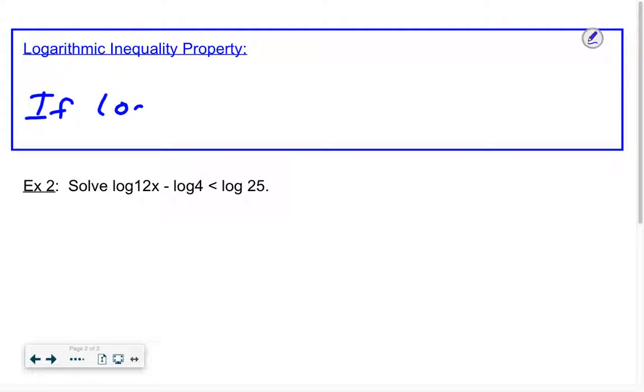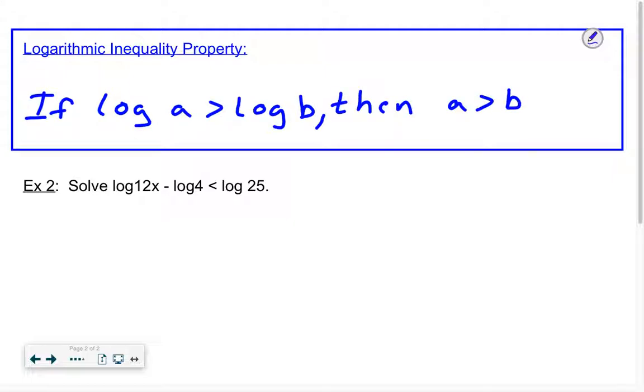Therefore, if we have the log of a is greater than the log of b, then a is greater than b. I believe the textbook used the less than sign, but it doesn't matter either way. If the log of A is greater than the log of B, then A must be greater than B.